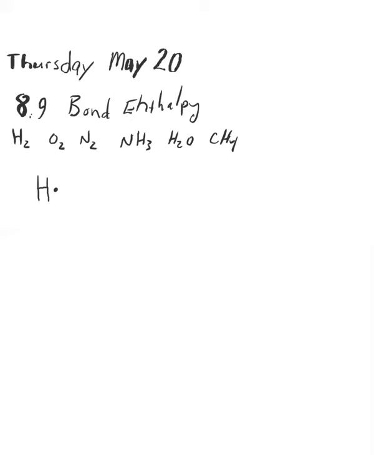It's certainly the most plentiful element in the universe, but it's also the simplest element in the universe. All it is is a proton, a little proton, I'll draw it like that. There's your proton, and then a little electron that's somewhere near the proton.